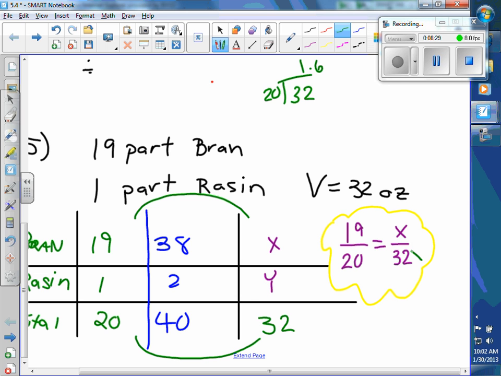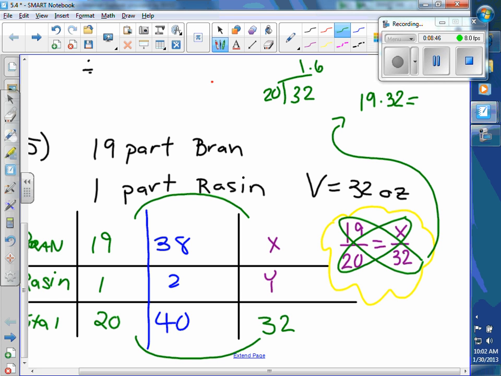But if you look at the shortcut, which is why I said we're going to come back to this, he did the shortcut, but he did it because he used some common sense thinking. The shortcut tells us if we multiply these two on the diagonal, and then multiply these two, we get an equation that we can solve. And then we use our work from last semester to find the missing value.